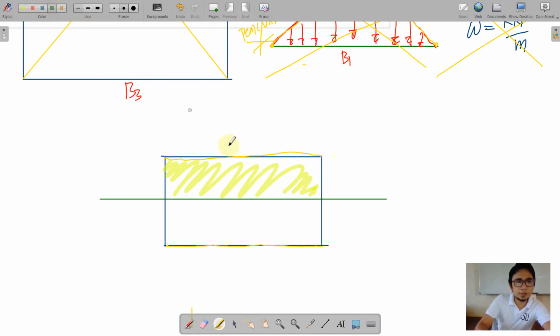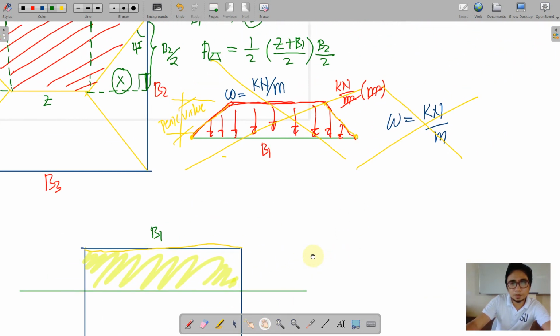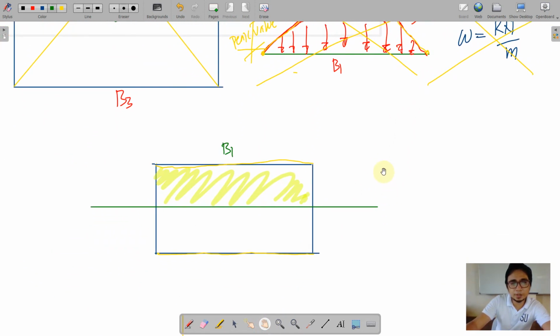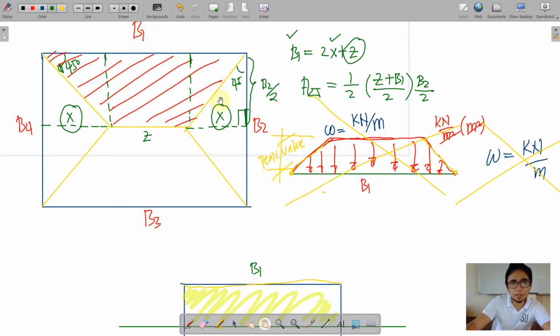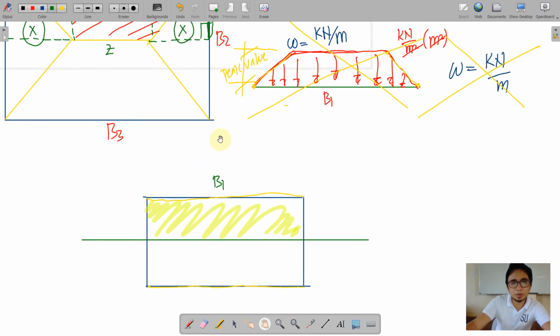Say if this is B1, say this is B2 over 2. B1, this portion here is B2 over 2, or the half of B2.